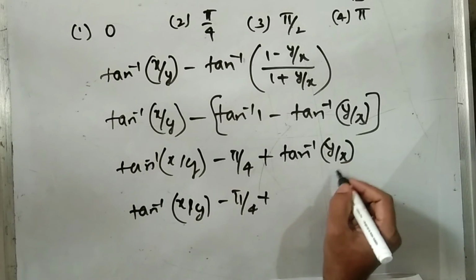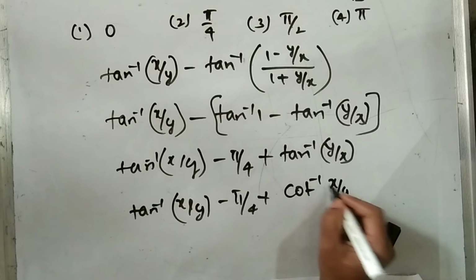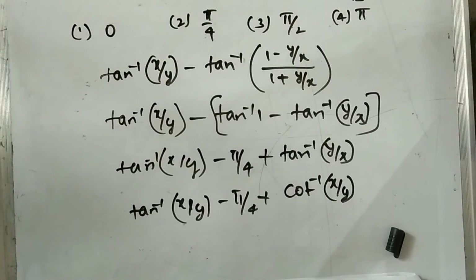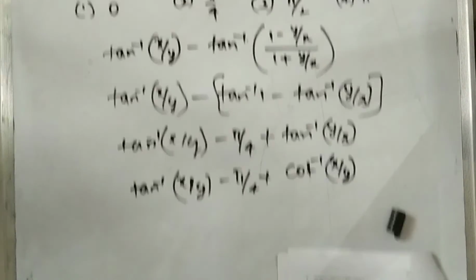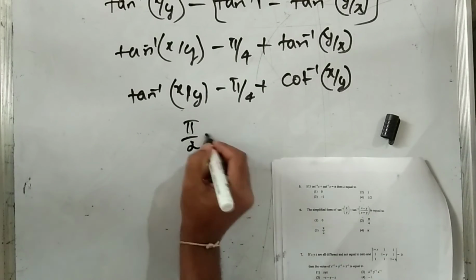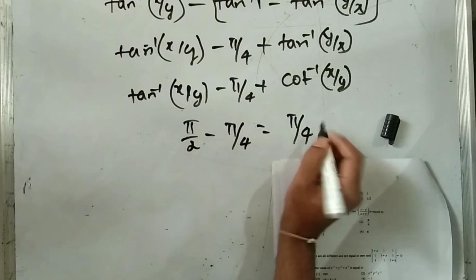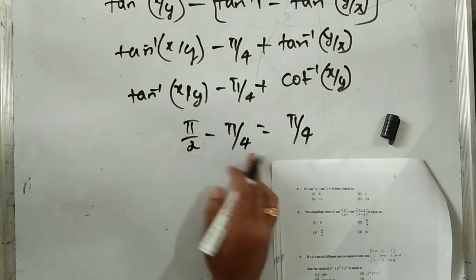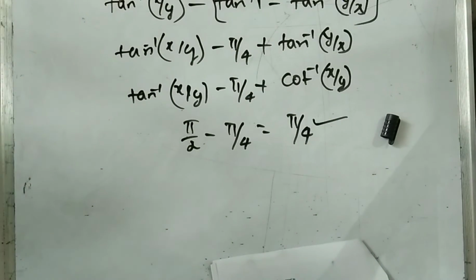This implies tan⁻¹(x/y) − π/4 + tan⁻¹(y/x). Can I write cot⁻¹(x/y)? Now tan⁻¹(x/y) plus cot⁻¹(x/y) is π/2 minus π/4, it becomes π/4. 90 minus 45 is 45, that is π/4. Which option? π/4.